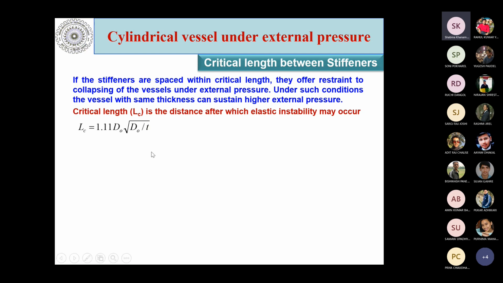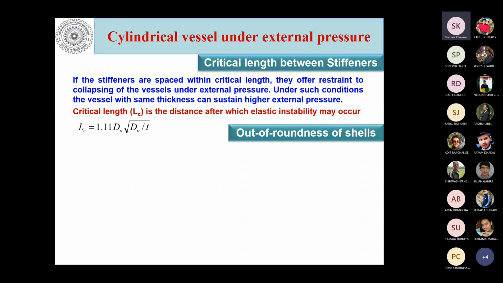Here I have the expression LC equals 1.11 d naught root over d naught by t, where d naught is the outer diameter of the shell and t is the thickness of the shell. We get this t from the design, and we will see how to find this t value. So this is for the critical length between stiffeners.